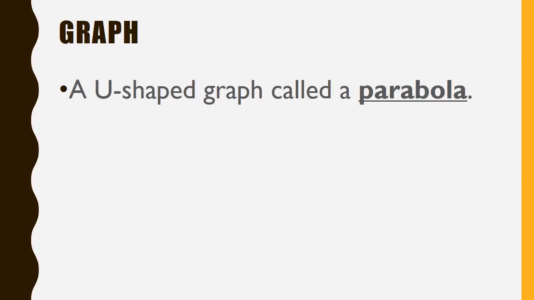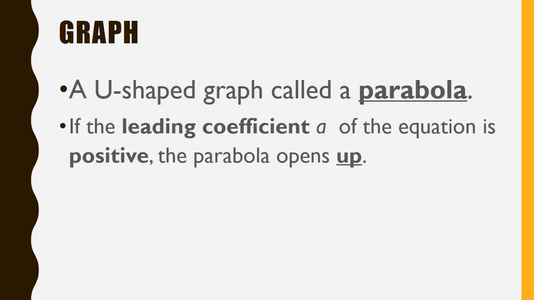Now let's talk about the graphs of quadratics. We know that the graphs of linear equations are just lines on the grid, and the graphs of the quadratic equations are a U-shaped graph called parabolas. And when the leading coefficient is positive in the equation, the parabola opens up. That's a U-shaped parabola.